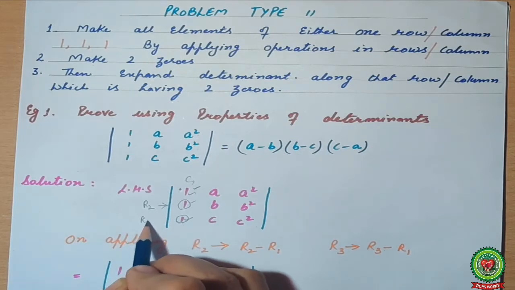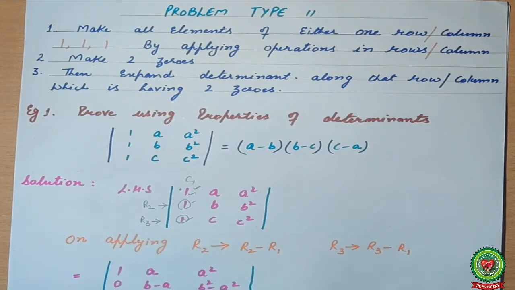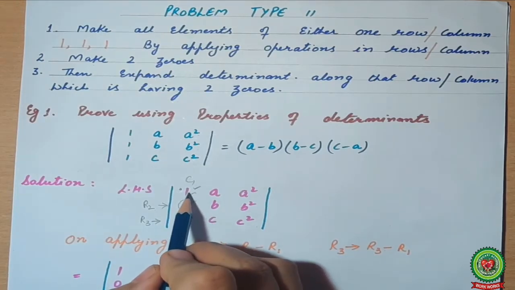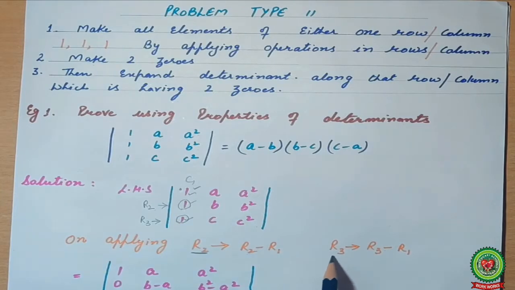I want a 0 at R2 and also at R3. Now which operation will I apply here? I want a change in the second row by applying the operation R2 minus R1. Same, I want a change in R3. This element I want 0 here. So I will apply the operation R3 minus R1.